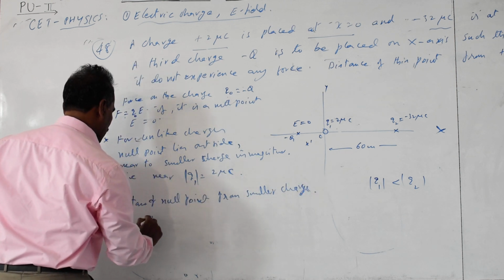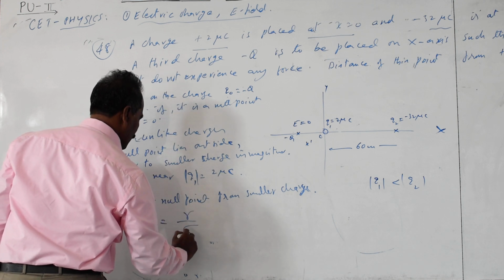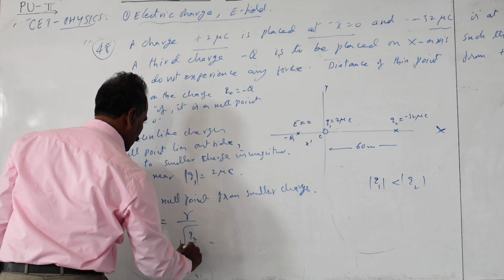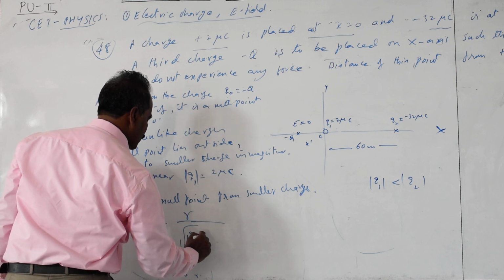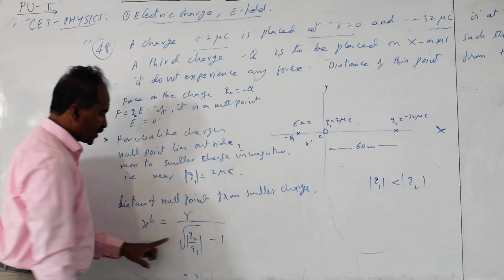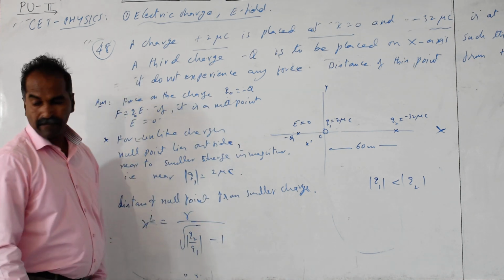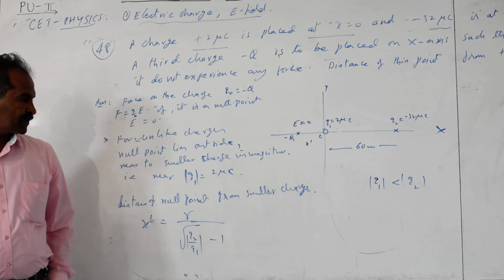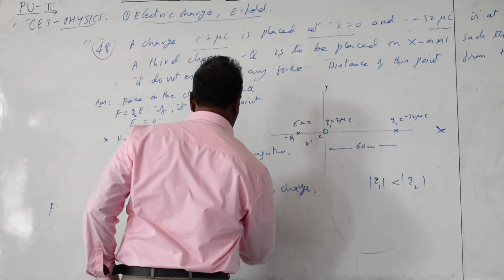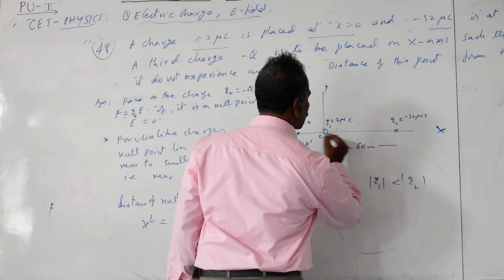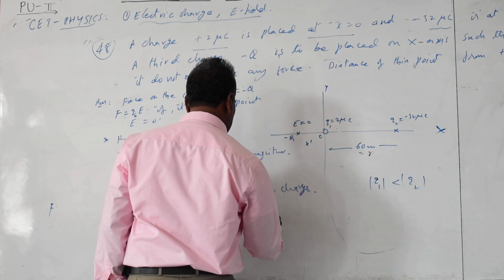The distance x is equal to R by root of Q2 by Q1 plus 1 for like charges, minus 1 for unlike charges. The root does not include the minus 1, it is only for the charges. With substitution, R is the distance between the two charges, which is 60 centimeters.